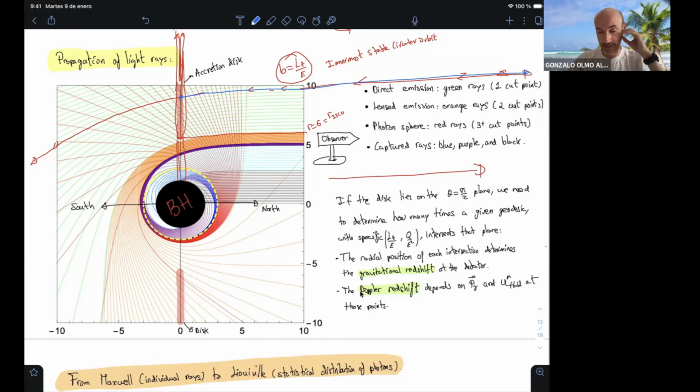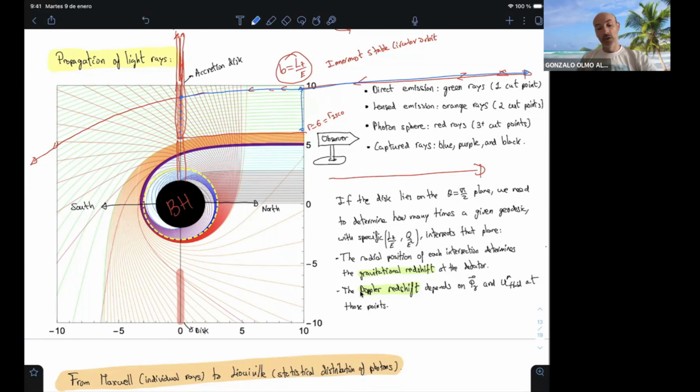The different colors are representing the different types of geodesics. These green geodesics in this interval up to this region are deflected by the gravitational field and intersect the accretion disk only once.